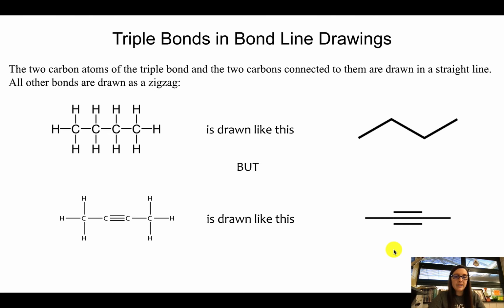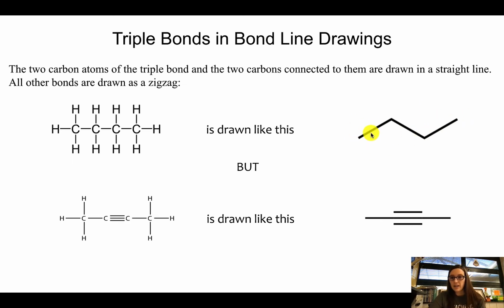So comparing single bonds to triple bonds, here we have all single bonds. So notice how we have C's single bonded to all of the H's. So if we want to draw this structural formula in a bond line structure, we take 1, 2, 3, 4 carbons and we put it in a zigzag pattern. 1, 2, 3, 4.